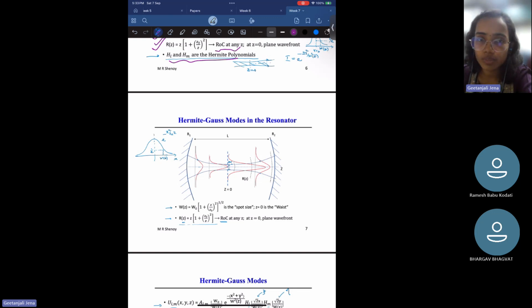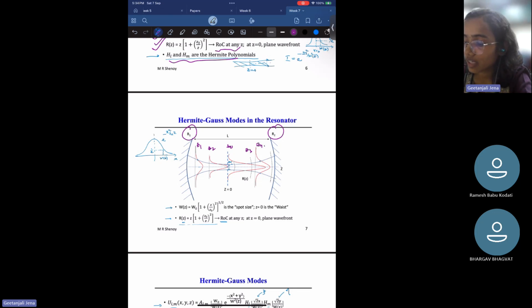So let us take two concave mirrors which have ROC, the first one R1 and the second one R2, and these are separated by a distance L. If you see the Gaussian mode, it is confined inside this mirror resonator, and at each Z value, say Z1, Z2, this is Z0, Z3, Z4, at each point the profile is the same, but only the amplitude and the width of this beam are changing.